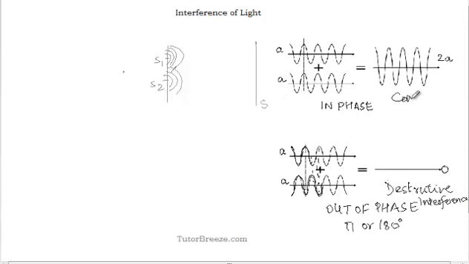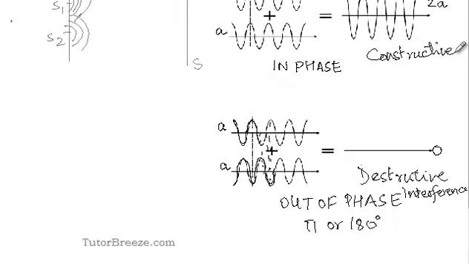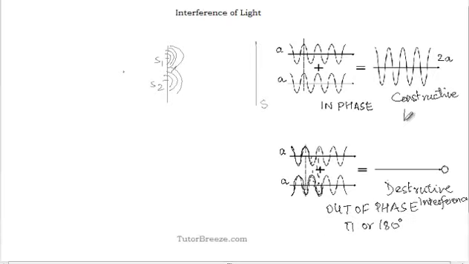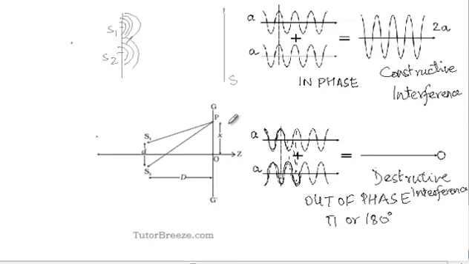Whereas this is constructive interference, since the amplitude is double, the intensity that you will see will be 4 times of this, since I is proportional to the square of the amplitude. So this is constructive interference. We'll take a look at Young's double slit experimental setup.